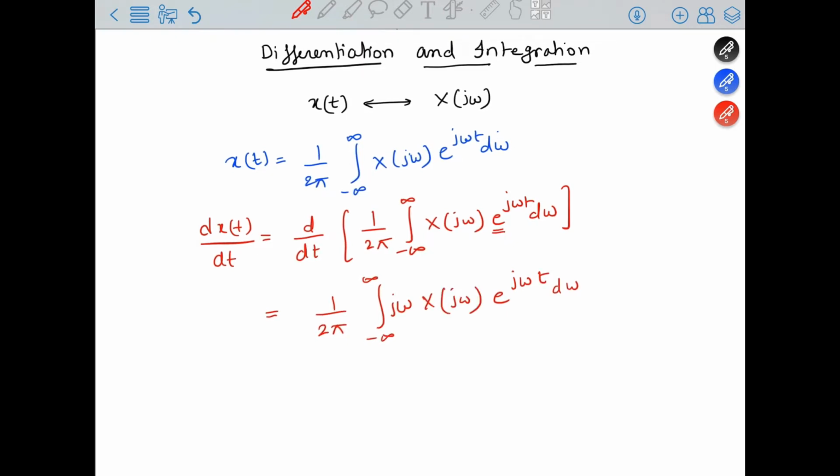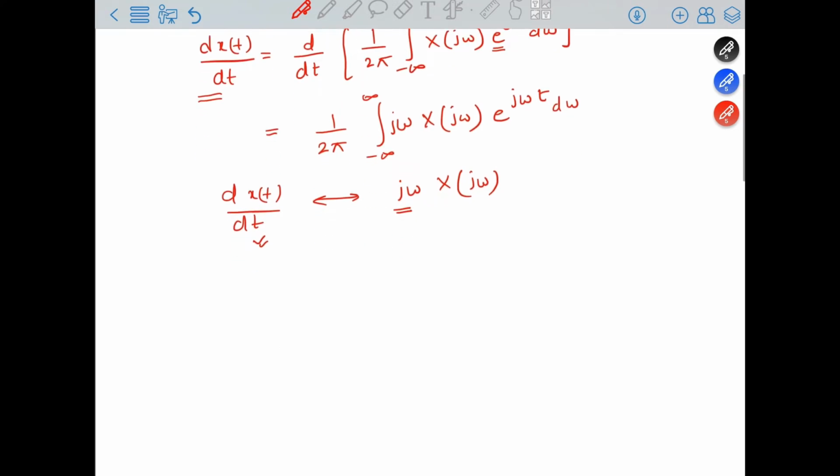So this is the differentiation of this function, and what is basically happening is d by dt of x(t) has a Fourier transform which is jω multiplied with the earlier Fourier transform of x(t).